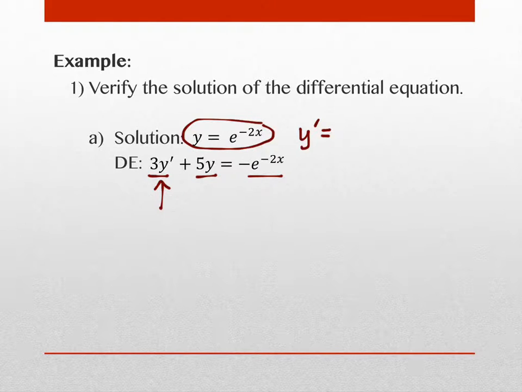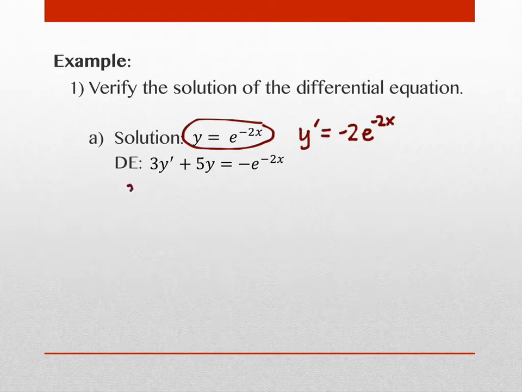So what is the derivative of this equation? Close. It's negative 2 e to the negative 2x. The derivative of e to the x is e to the x, and then the derivative of the exponent, negative 2x itself, is negative 2.